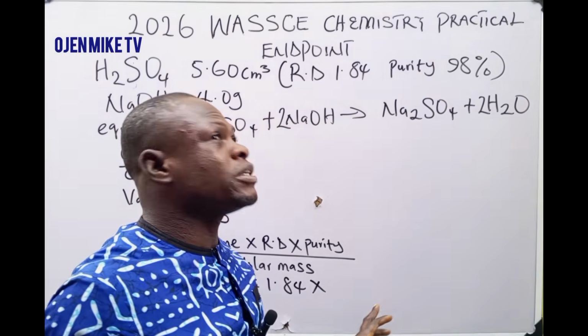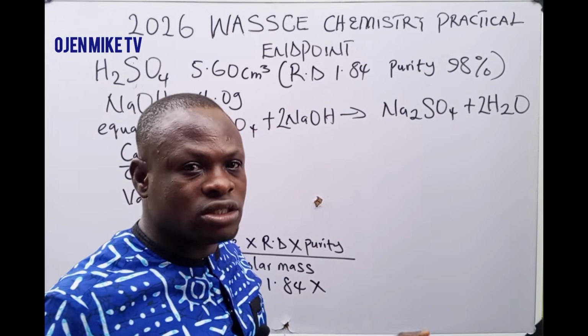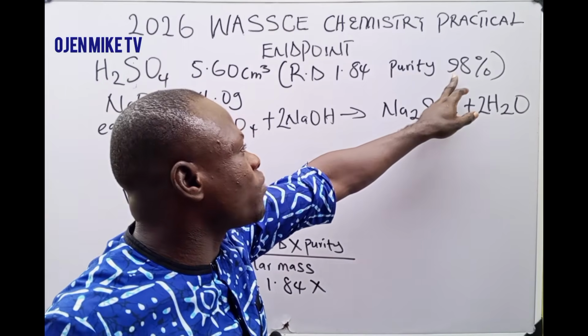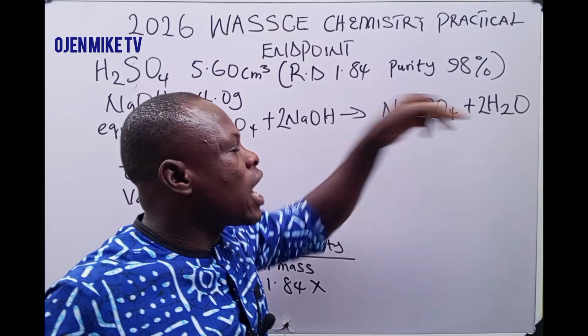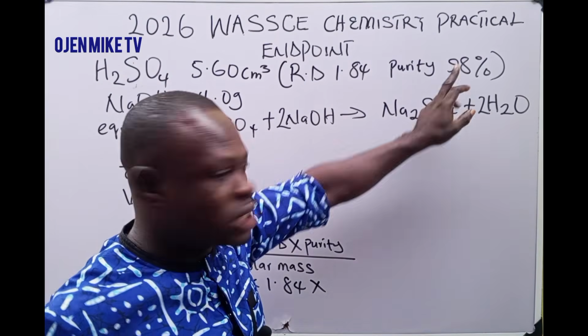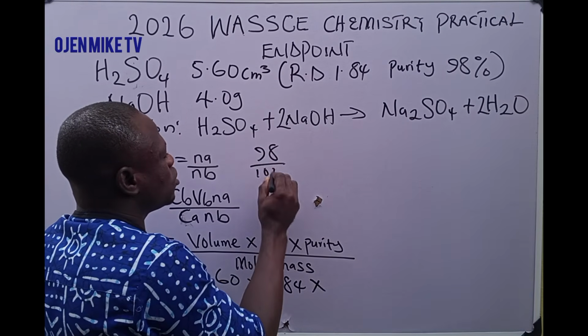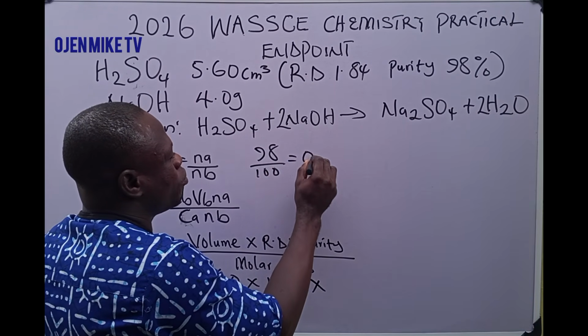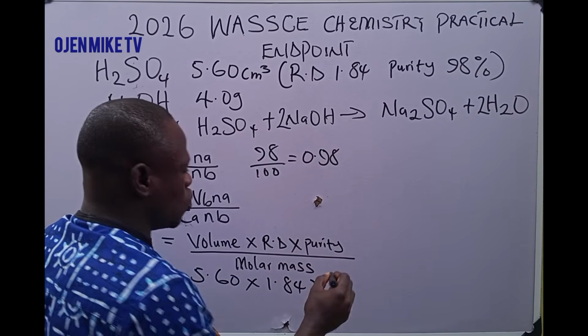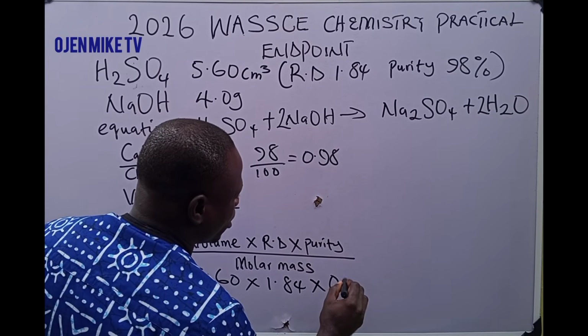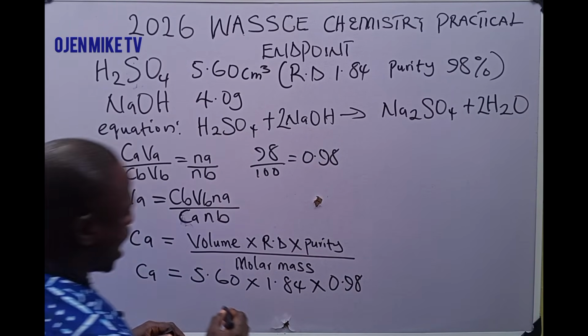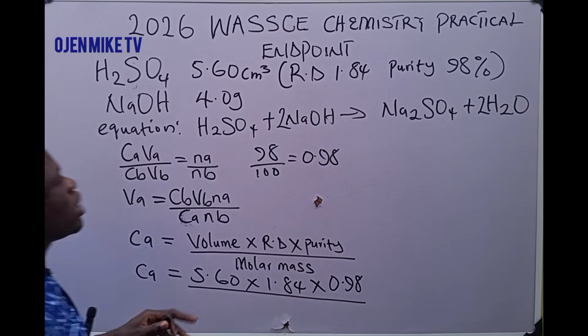You cannot put 98%, you are going to change it to a fraction. So we divide by 100. If you divide 98 by 100, you have 0.98. So you put 0.98. And at the end, what is your molar mass of acid?